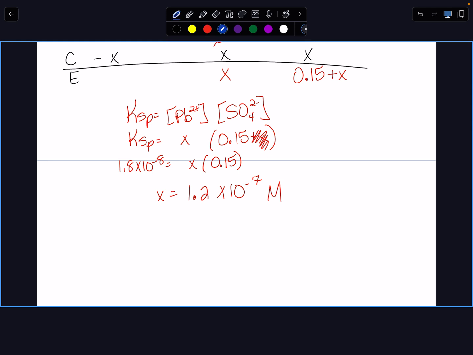To prove what you said earlier, can you also calculate the molar solubility of the lead 2 sulfate in water?